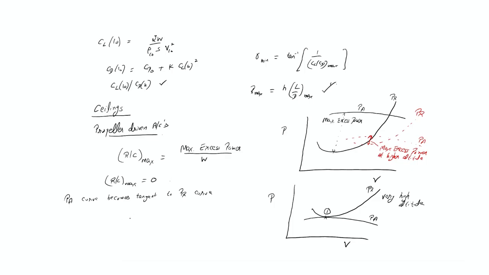Alright, the altitude at which (R/C)max is equal to 0 is defined as the absolute ceiling of the aircraft.